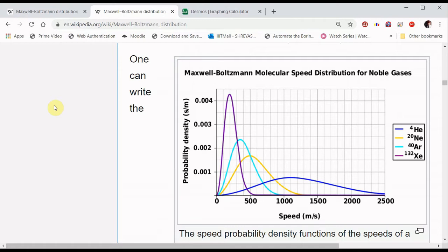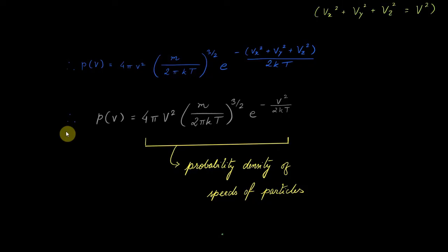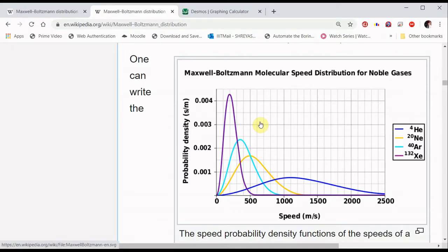You can't initialize them randomly, because you have to initialize them for a particular temperature, right? If you initialize them randomly, the temperature would be just some random value. So you would pick the velocities from the probability density given by this expression. That is the importance of this expression. So now you know how this expression can be used and what's the importance.